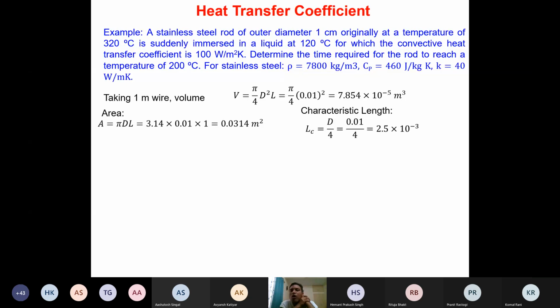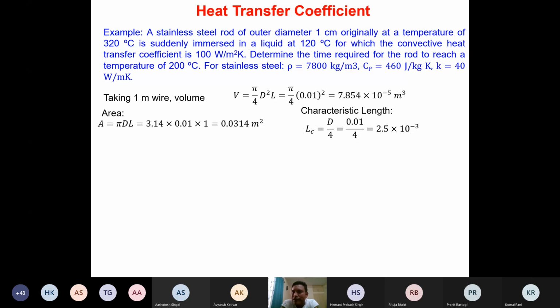Why characteristic length? Because in order to make the balance here, there are two factors. Remember in the last conduction chapter we argued that there are two factors. One is the unsteady state heat transfer taking place through the metal, through the solid, and then there is heat transfer taking place in the fluid.